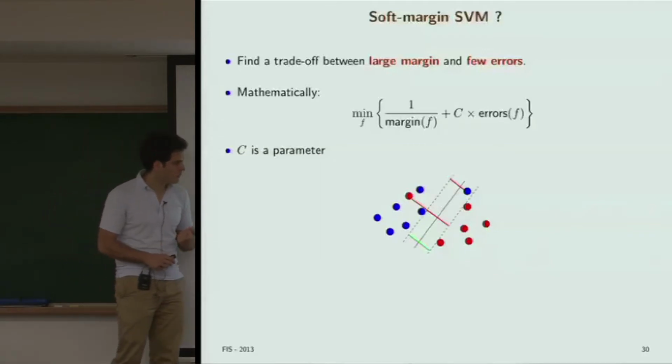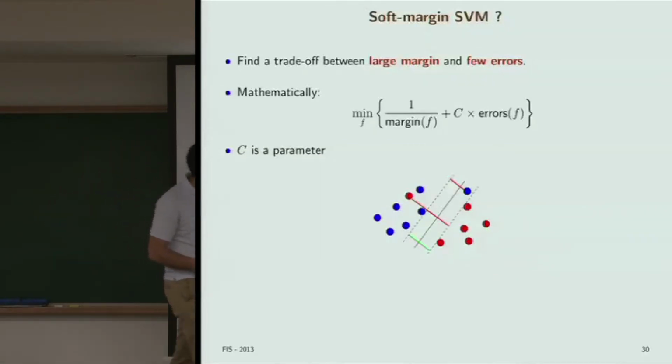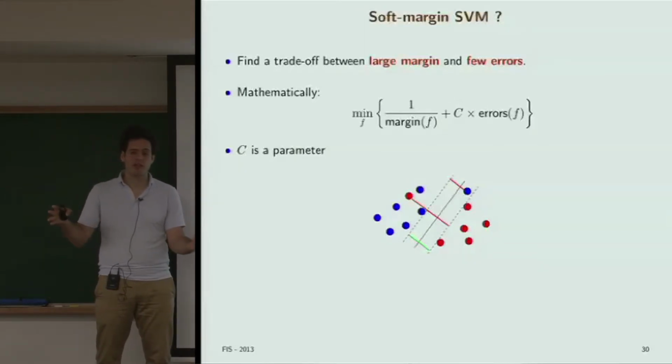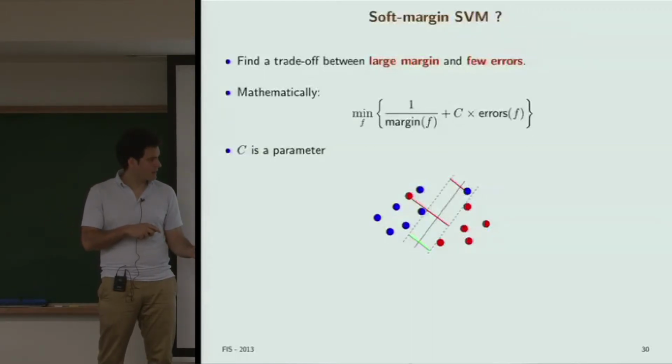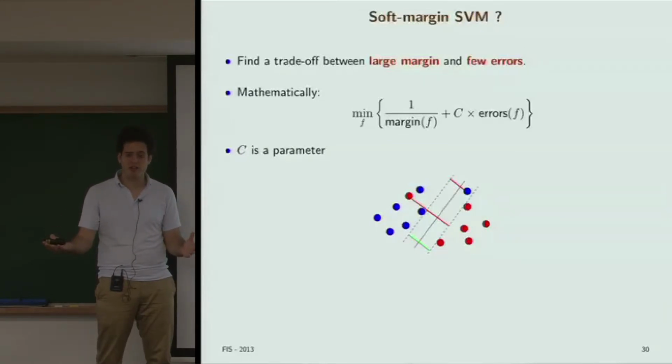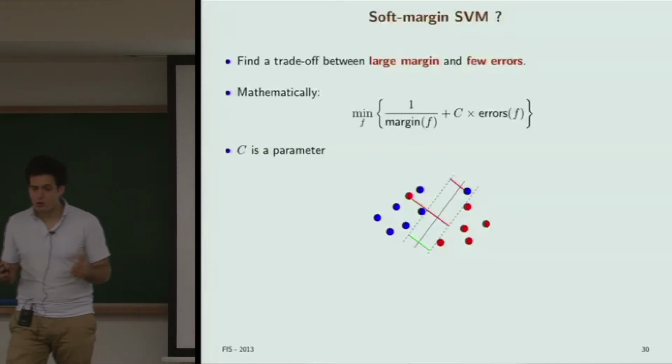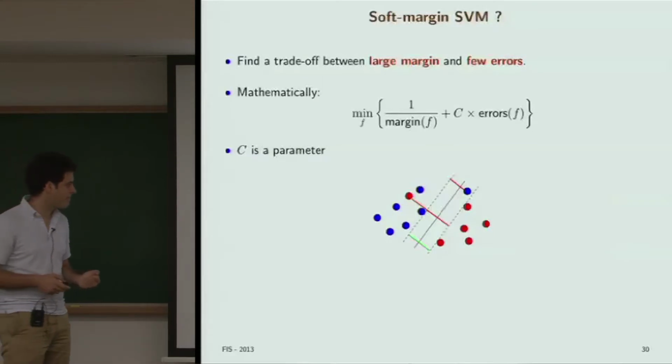So it's easy to see that if you have a hyperplane and you allow yourself to grow the margin as much as possible, you will start making a lot of mistakes. So by putting side by side a term which depends on the margin and a term which depends on the errors, you hope to strike a good balance between both. And that's the idea of the so-called soft margin SVM.